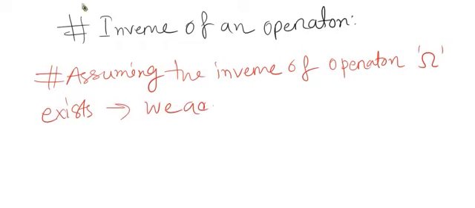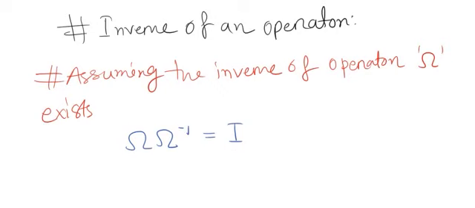So I'll just take this assumption, and the inverse will be defined like this. If you have omega and omega inverse, this is how the inverse is denoted, then it will give you the identity operation. And you can also write it as omega inverse and omega.